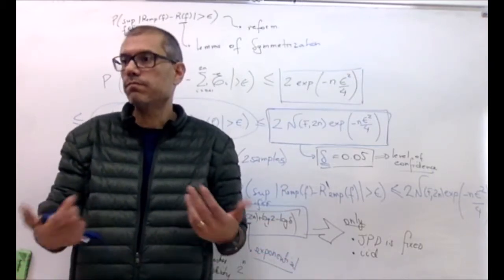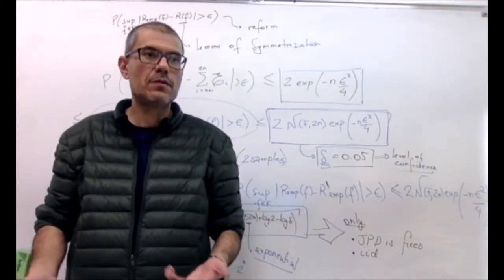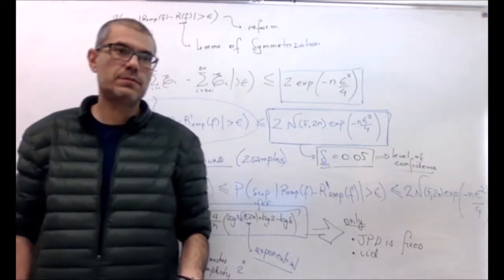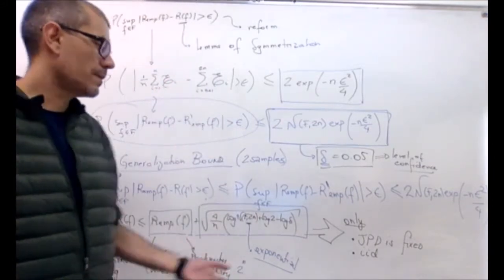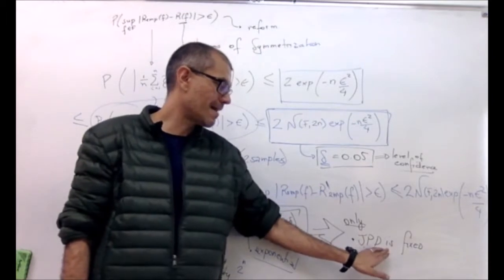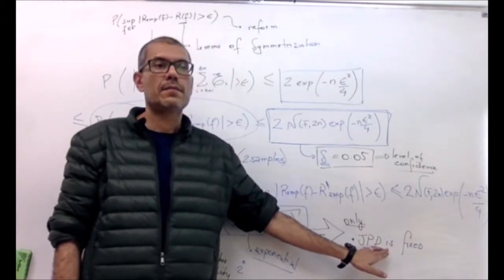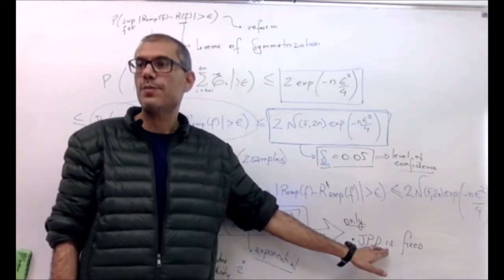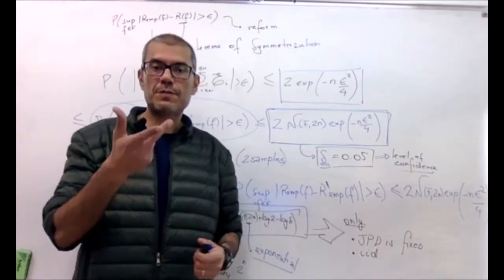So I have no bound, no learning guarantee in that scenario too. Again, that's a problem. I have somehow to characterize my data distribution. I have to have a good space.